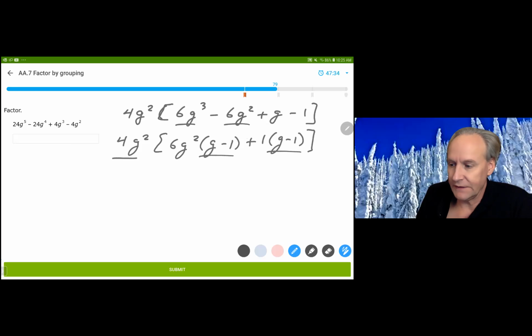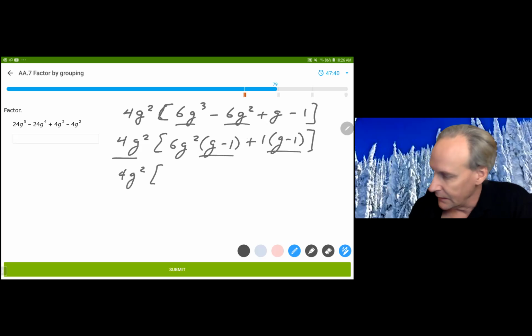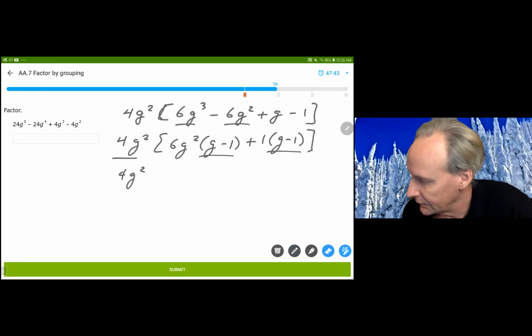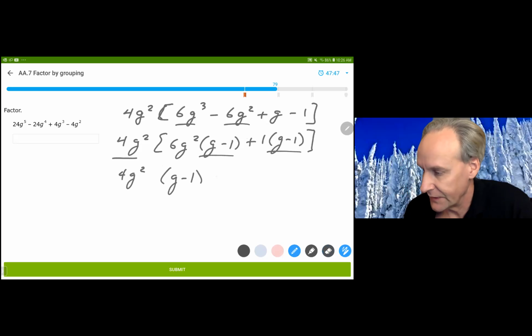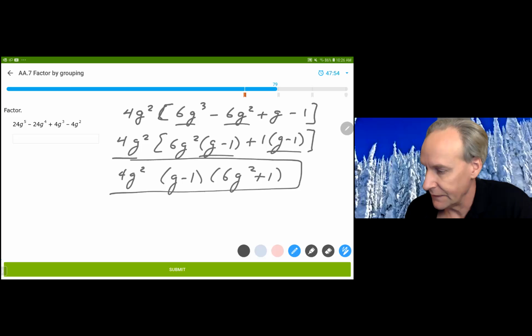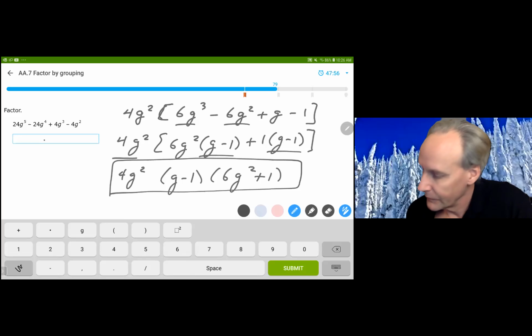So we've got a 4g squared. Oh, you know what? I'm just going to go ahead and write it nice. G minus 1, this is my common factor. I take it out, and inside I've got a 6g squared plus 1. And there's my factorization. 4g squared, g minus 1.